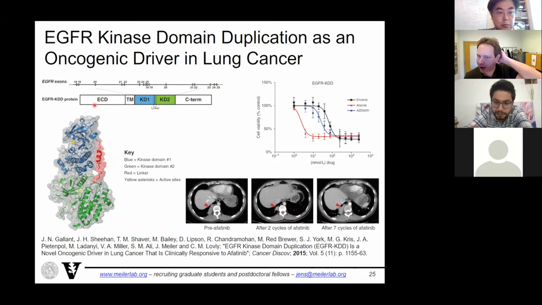EGFR is a receptor tyrosine kinase. When a growth hormone binds, it dimerizes on the extracellular side. And then on the intracellular side, there are two kinase domains. One activates the other, and that sends out a signal. These kinases are often activated in cancers by mutations, but this mechanism where this kinase domain is duplicated was not known at the time.